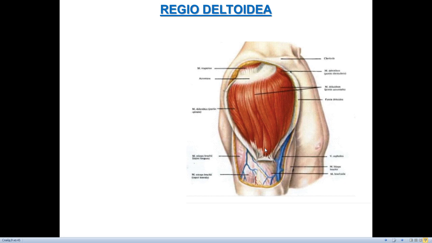Deeper to the skin, subskin fat and superficial fascia rests the proper fascia which forms the vagina for the deltoid muscle.